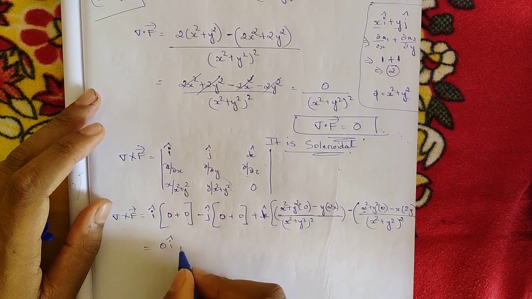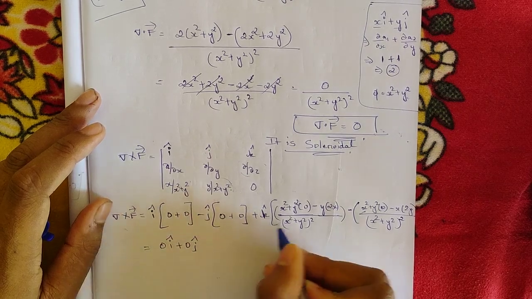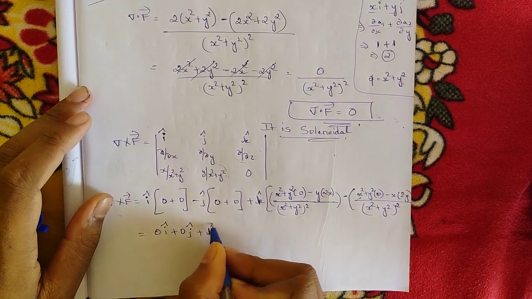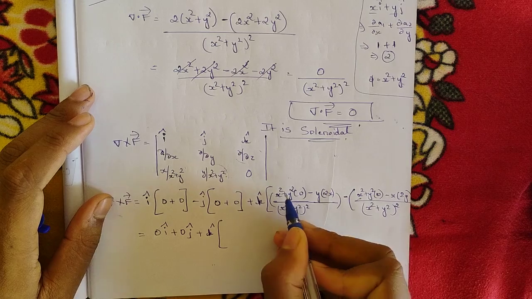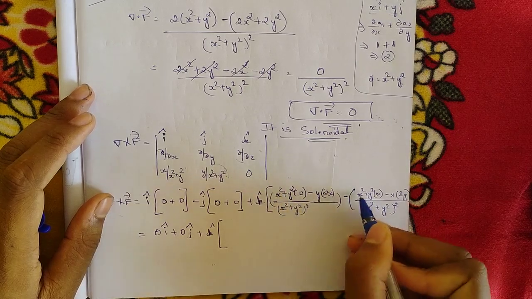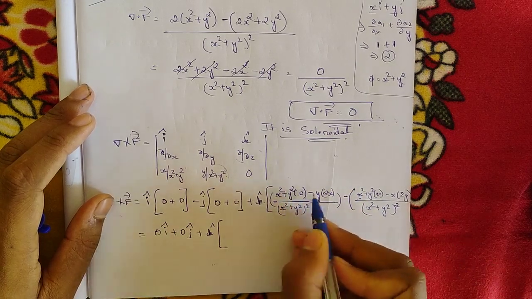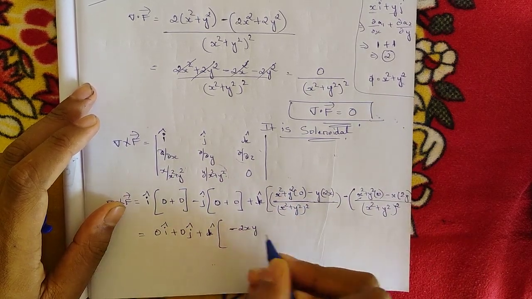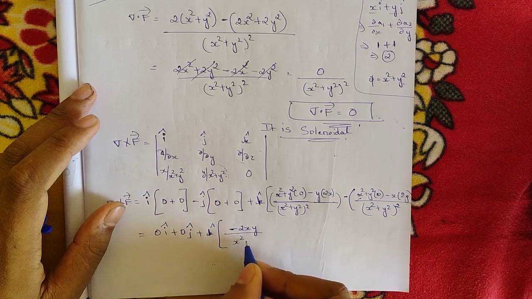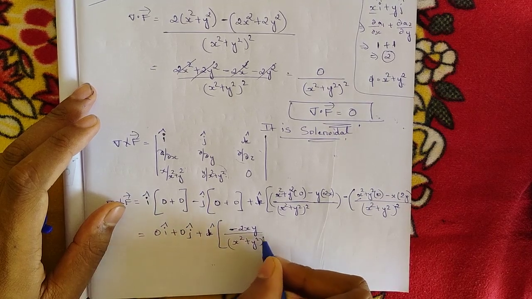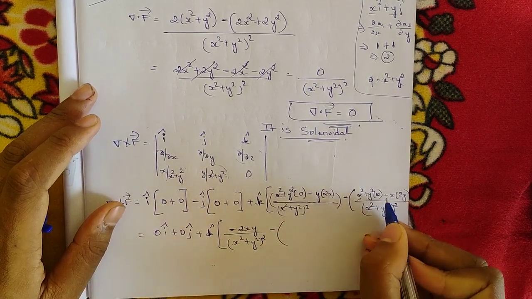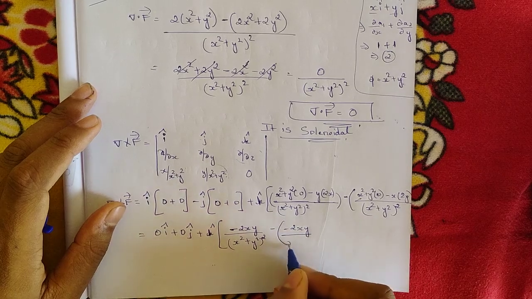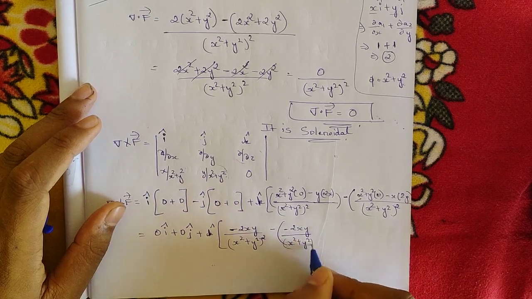0 I cap plus 0 j cap, and let us see whether we get this term as 0 or not. Okay, plus k cap into, now here x square plus y square into 0 and x square plus y square into 0 is 0 only because it is multiplied by 0. So here we are left with minus 2xy divided by x square plus y square the whole square, minus of, here again we have minus 2xy divided by x square plus y square the whole square, right?